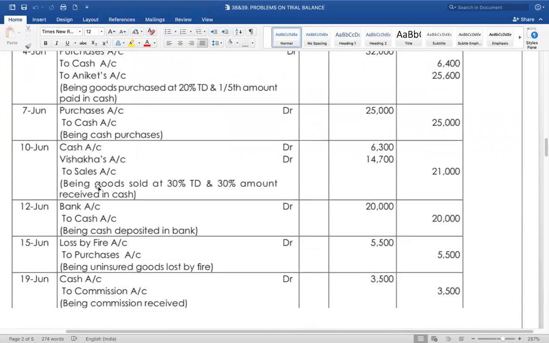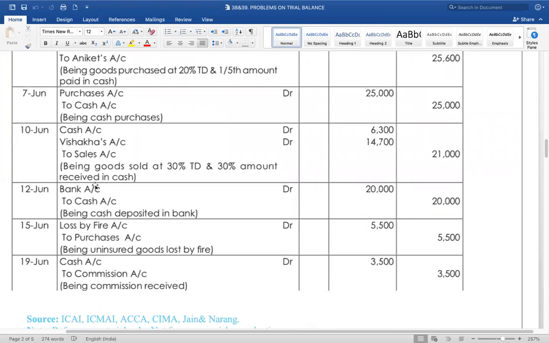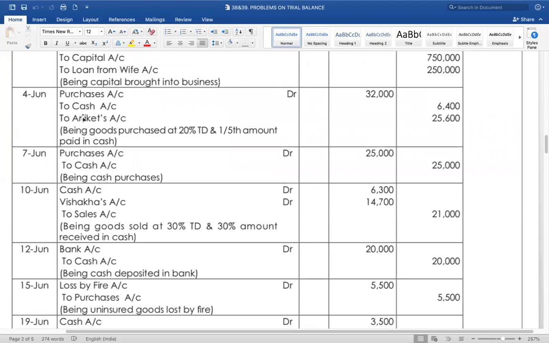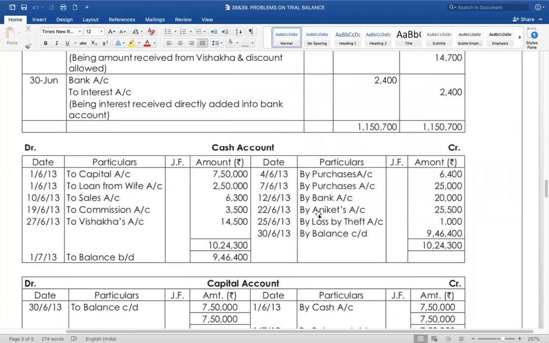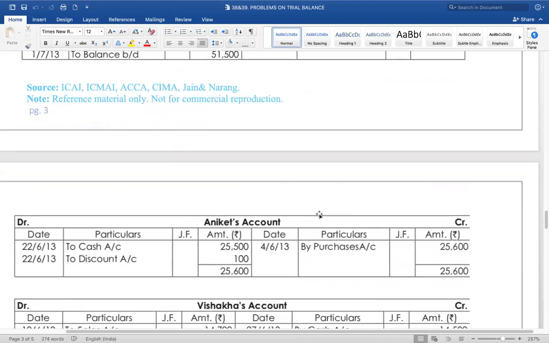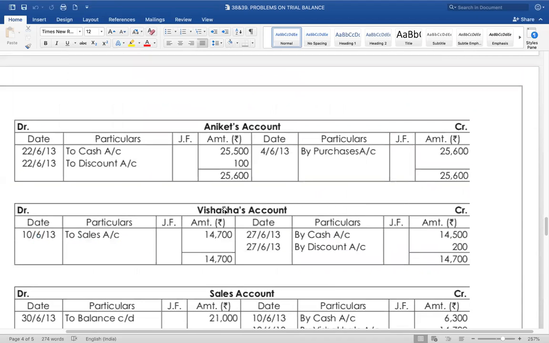Aniket is over. Then Vishaka's account. Purchase is over, cash is over. So let's open Vishaka's account. Vishaka bought goods for 14,700. Vishaka's account is debited to sales, 14,700 from us.